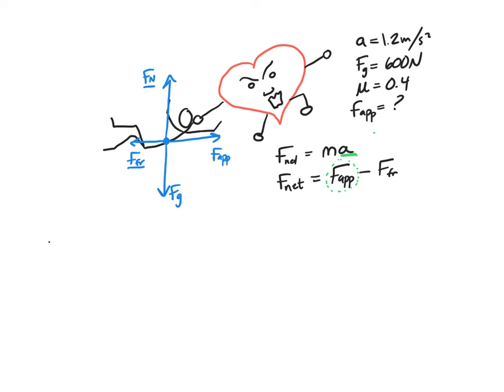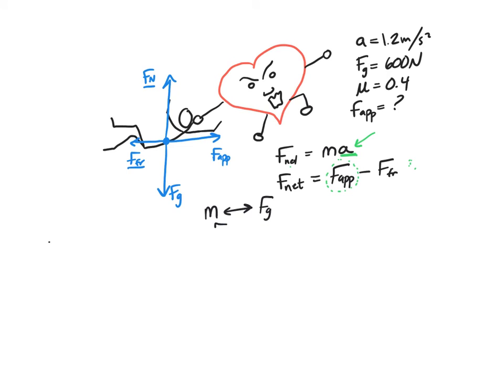First of all, I'm going to focus on this equation because there's two things I don't know in this one, but there's only one thing really left for me to solve before I can get the net force over here. And that's mass. If I knew mass, I could multiply it by acceleration and get my net force. So remember that if you ever know mass, you can easily find the force of gravity and vice versa.